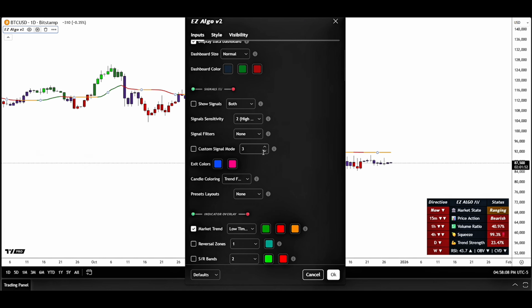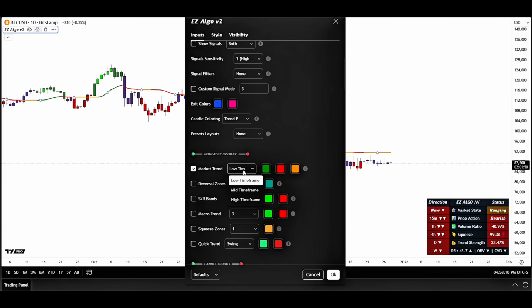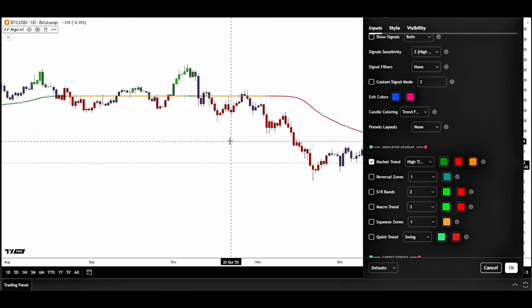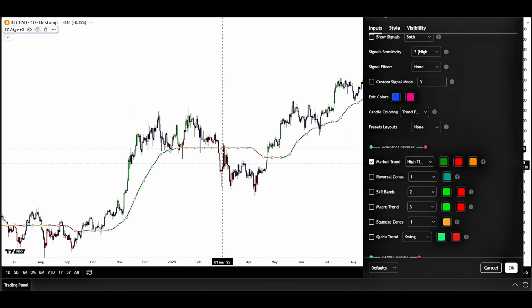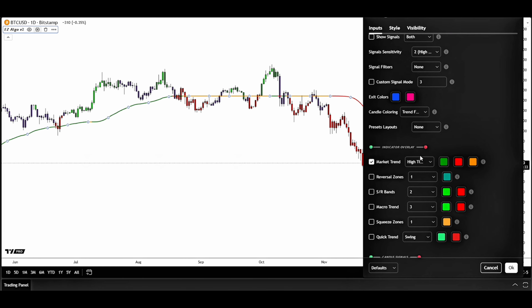And of course, if you want to change it up and have it cover a higher time frame, there are different modes for that as well, and you're going to have different results. This is good if you're using it on a lower time frame, mid time frame, or higher time frame, and you just want less noise with that indicator. So this is the market trend line. I'm going to be shutting this off.